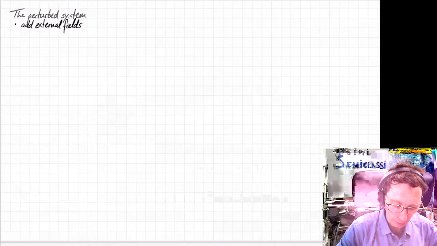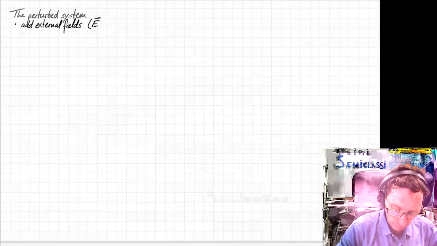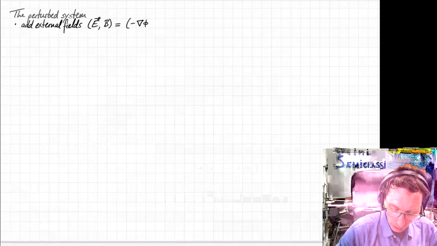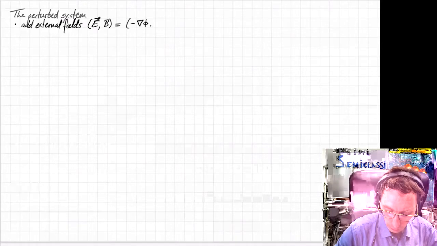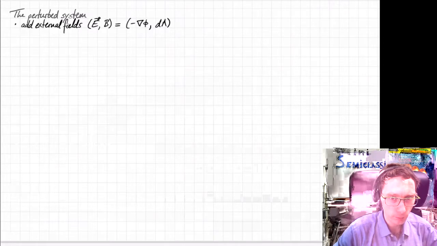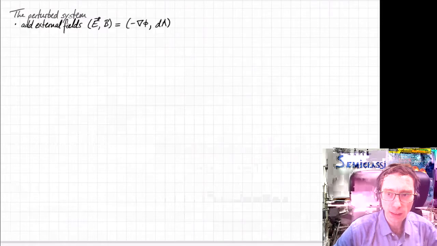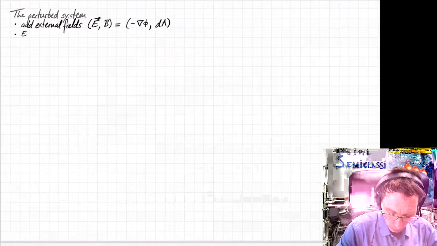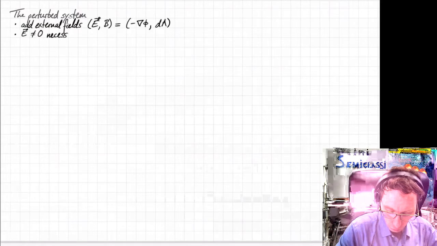Here I'm adding the electric field E, which is minus the gradient of phi, and the magnetic field B, which is the exterior derivative of the vector potential A. These are necessary to drive a current.